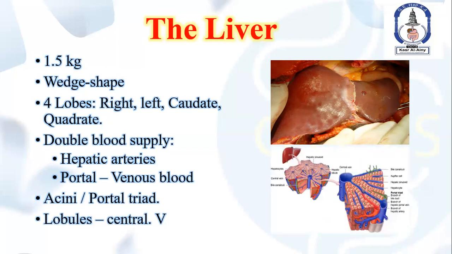As we can see, there is the usual hexagonal shape of the hepatic lobules, arranged in a palisade manner above and beside each other.